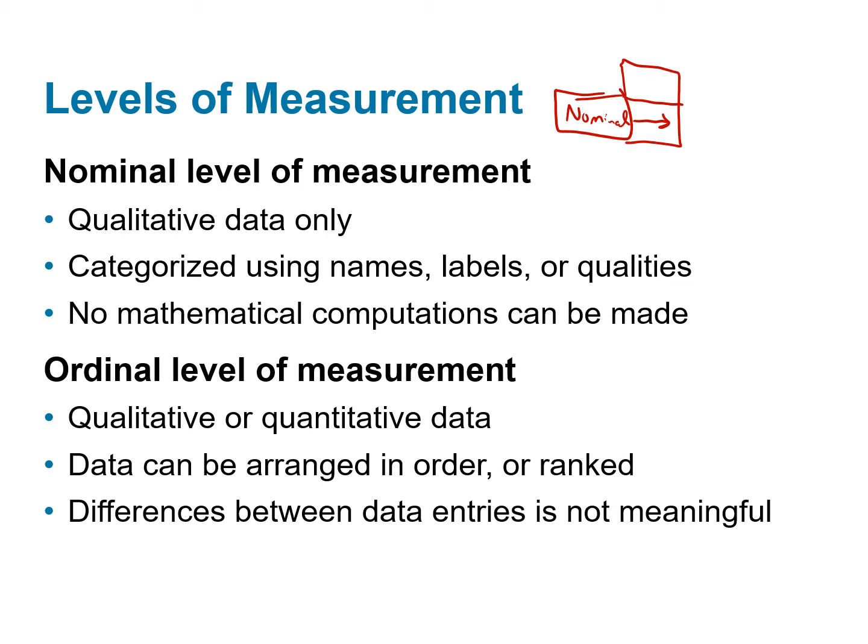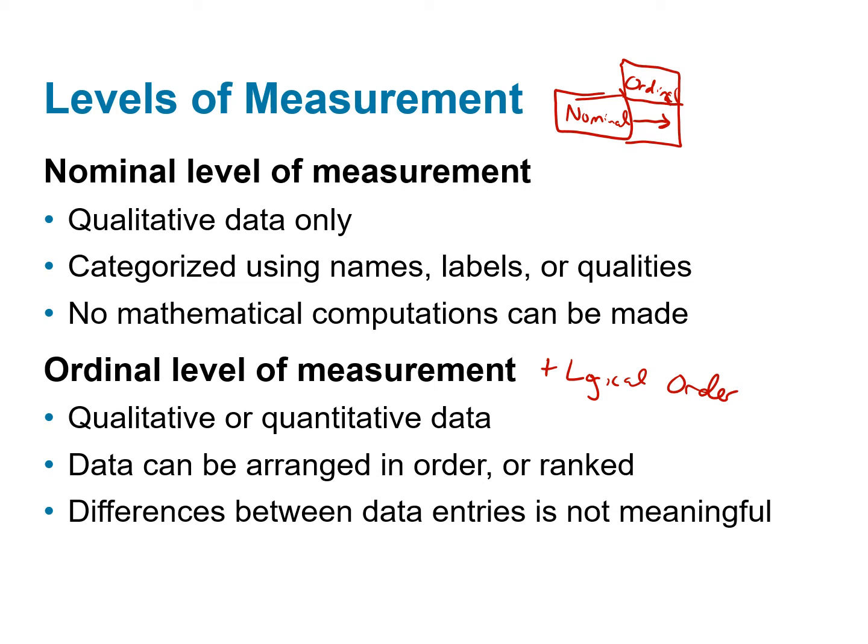Ordinal level has a logical order to it. It makes sense to say something is first, second, or third, for example. So there's a logical order. That's our second level, ordinal.